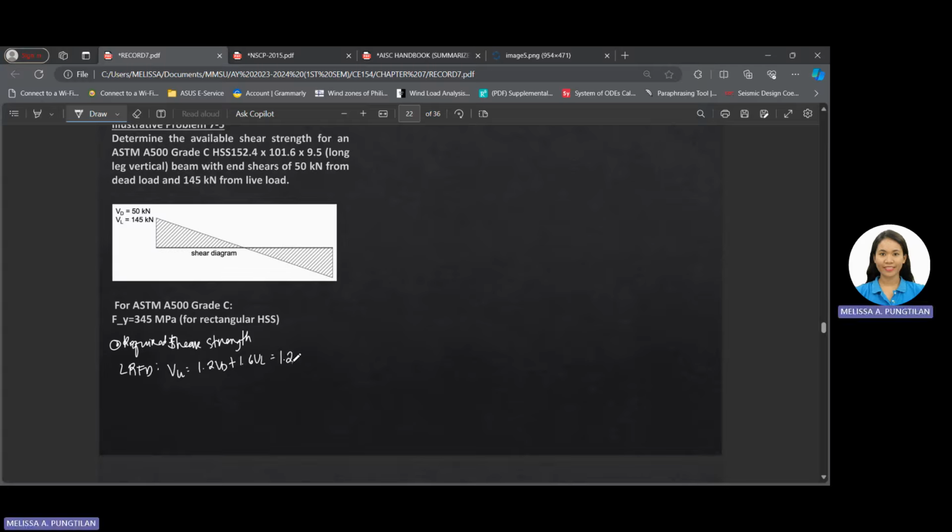Therefore, 1.2 of 50 plus 1.6 of 145. Therefore, under LRFD, the shearing strength is equal to 292 kilonewton. And then for ASD, just the dead load plus live load. So 50 plus 145, we have 195 kilonewton.